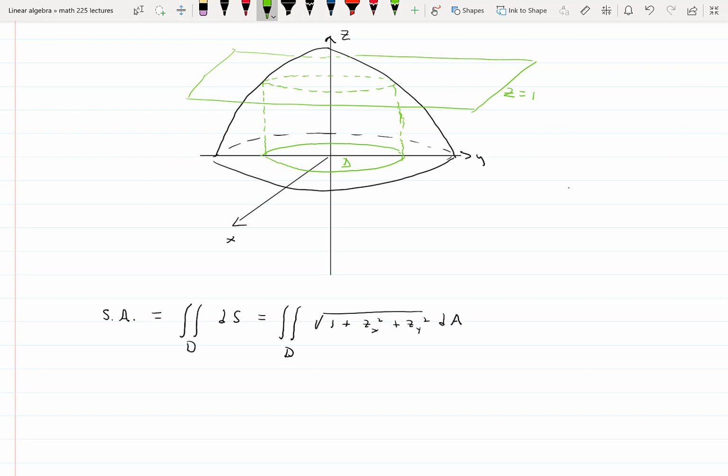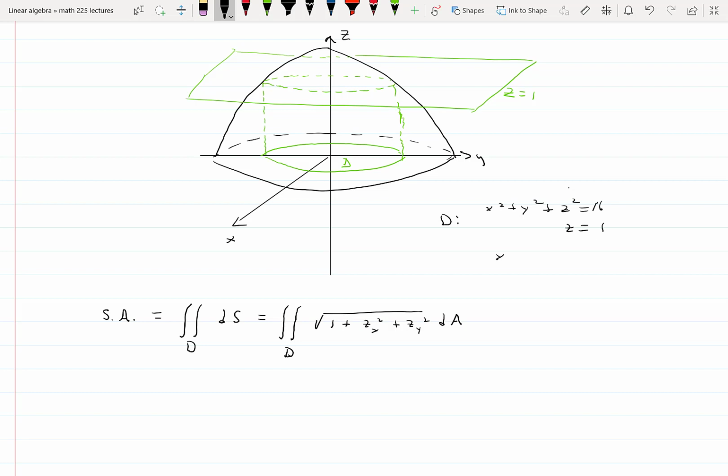Okay, so let's find that region D. Region D corresponds to the intersection of x squared plus y squared plus z squared equals 16, and z equals 1.